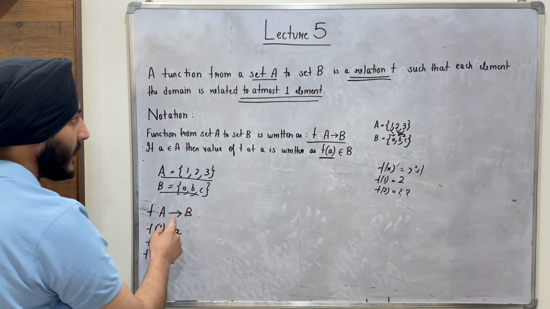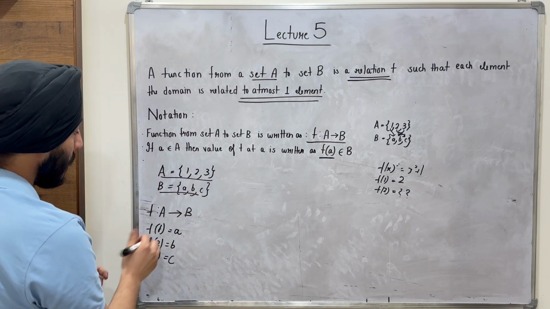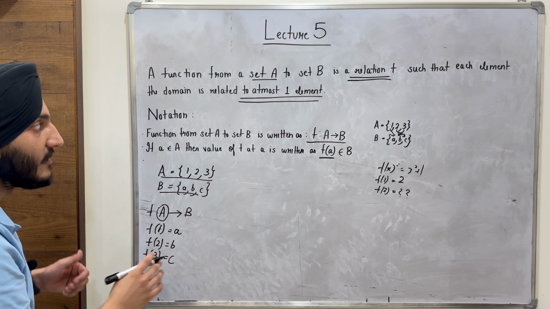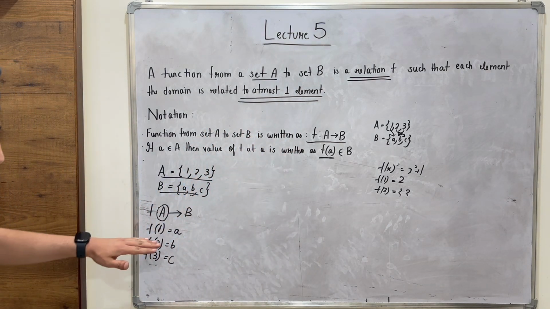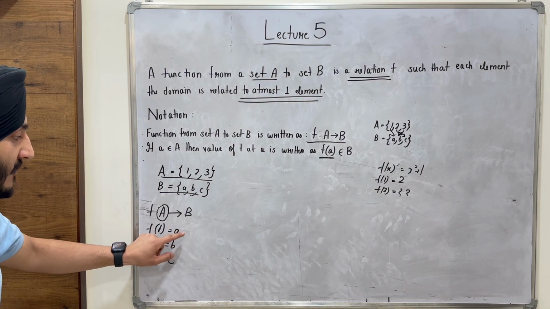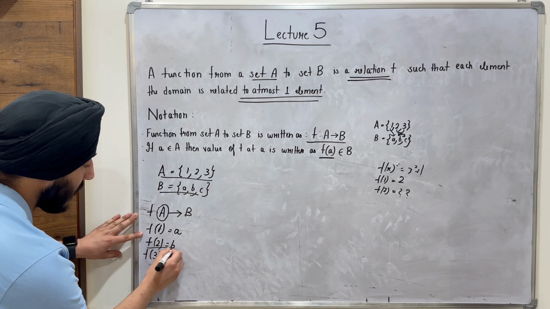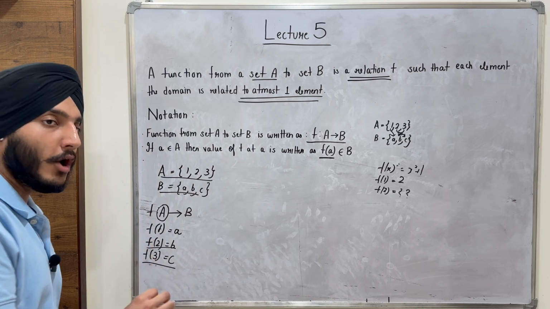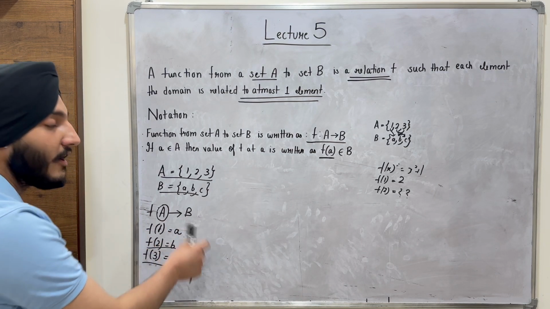It is a function from set A to set B, and each element in the domain, which would be just set A itself, on the left hand side, is related to at most one element. So 1 has only a single resulting value, 2 has only one resulting value, and the same is with 3. But it would not be a valid function if any of these had multiple different resulting values.